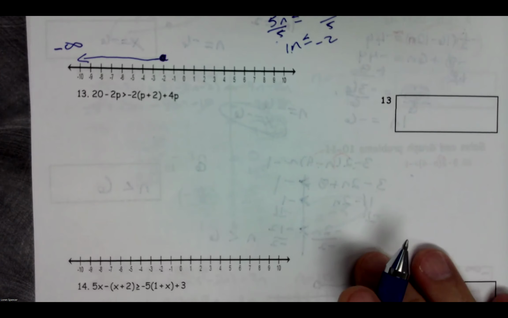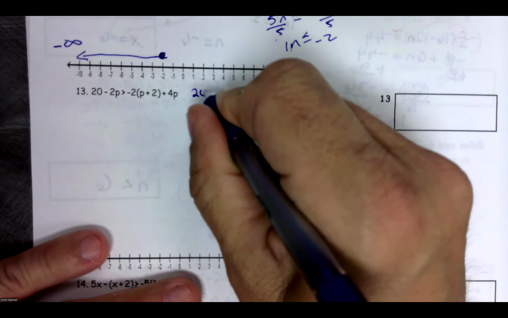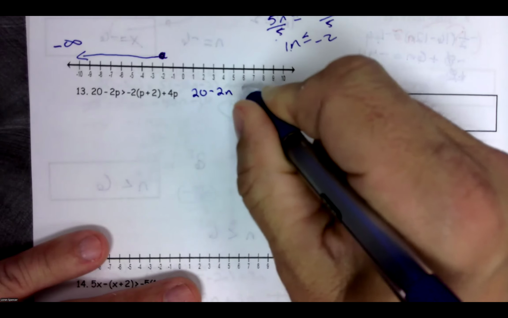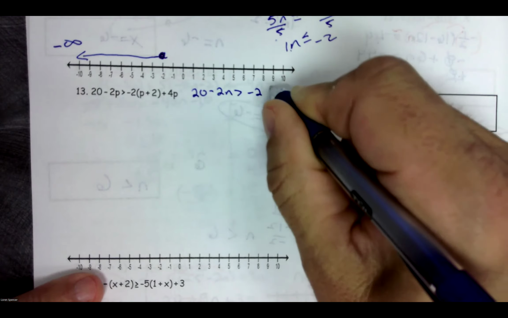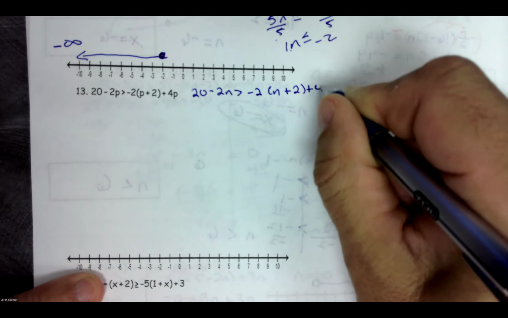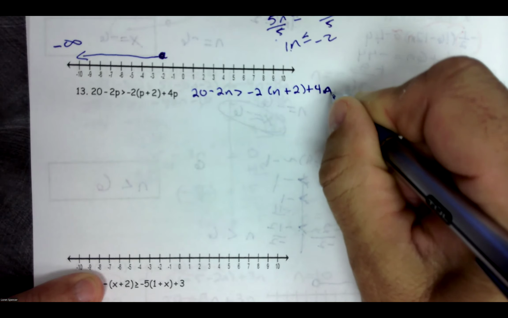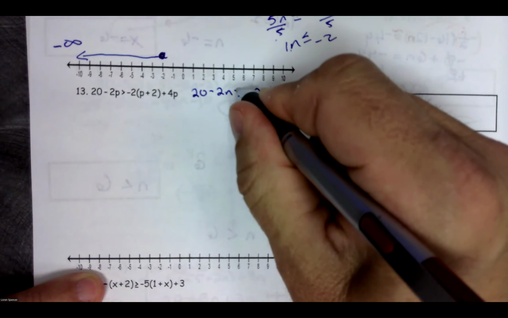All right, moving on to number 13. Once again, we're going to rewrite it so that it'll go into Desmos. And we have 20 minus 2n greater than negative 2 times n plus 2 plus 4n. Now we can't use the inequality sign.